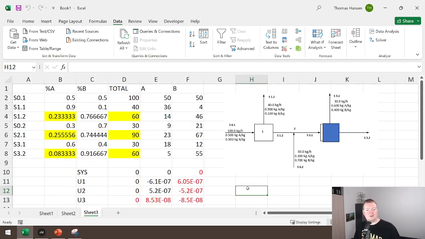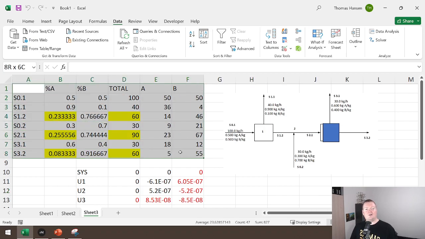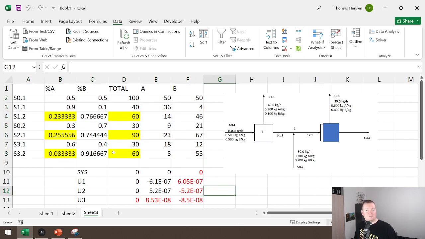Excel did find a solution, and it matches with the stuff I did quickly in my head before. All of the equations trend towards 0. So now I know everything is as it's supposed to be. And all of the percentages look fine. No negative masses. I've managed to solve the mass balance for this system.